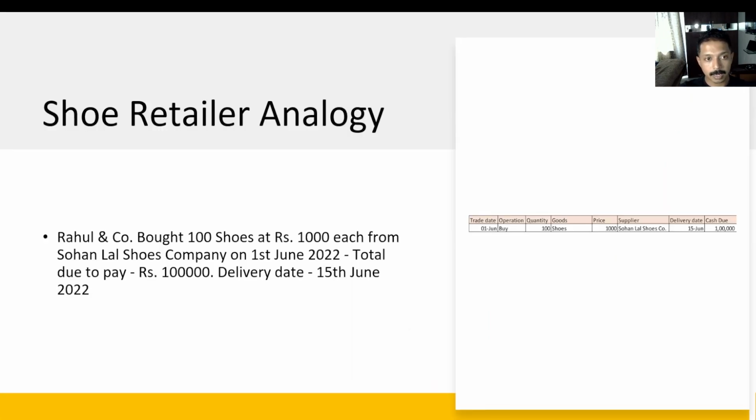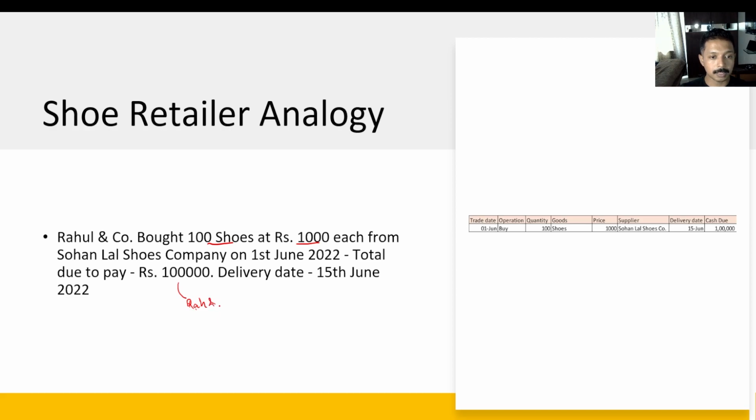Let's try to understand, in a more simplified example, why it is important that you maintain records. For example, Rahul and company bought 100 shoes. So they have an inventory of 100 shoes at 1,000 each from Sohan Lal Shoes Company. So the counterparty is Sohan Lal Shoes Company. The total due to pay is 1 lakh.